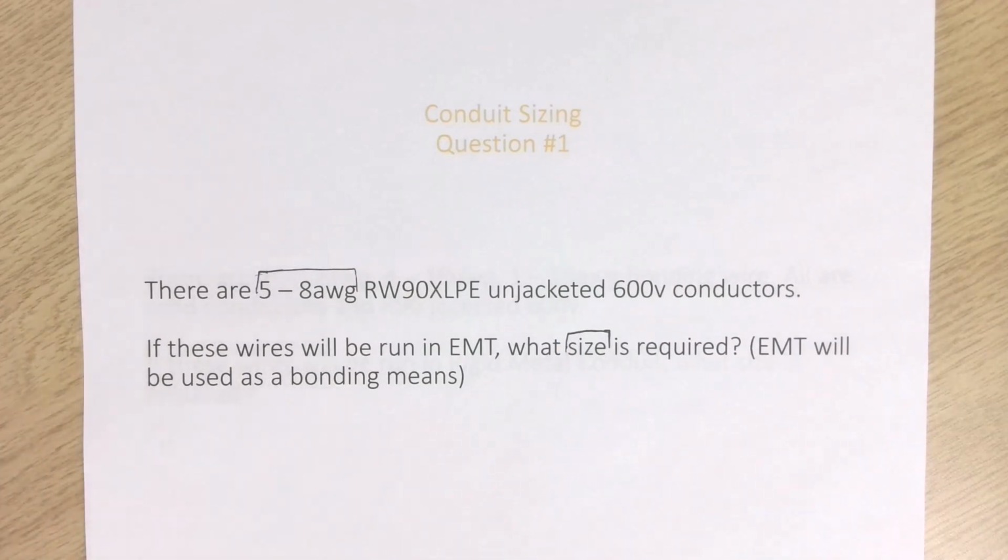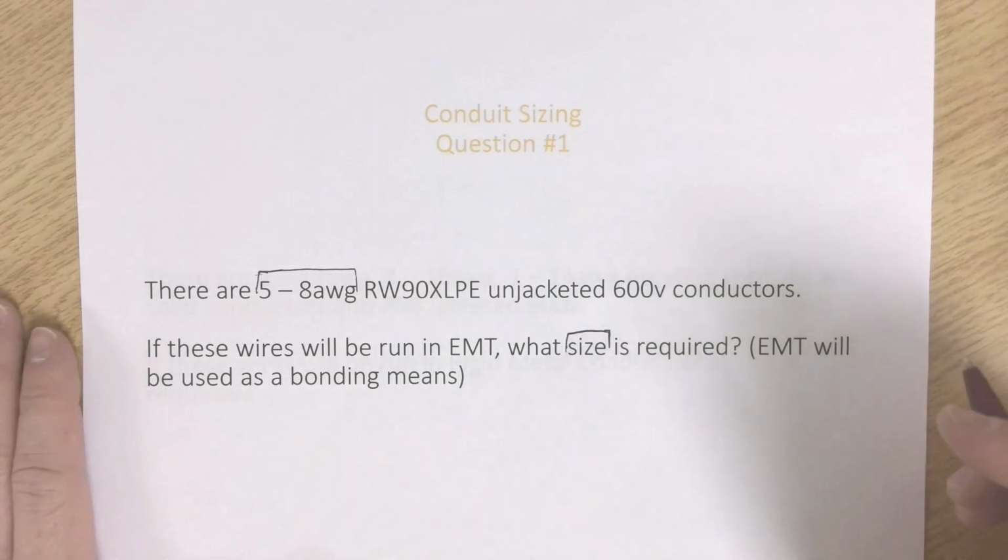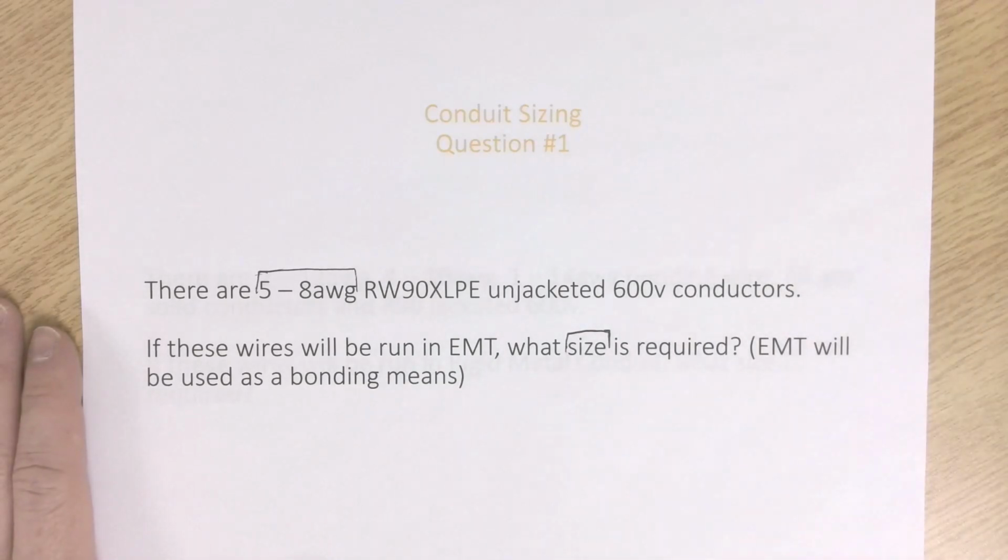That's fine, but codebook talks in metric. So trade size conduit is sort of a metric measurement, if you will. Page 37 takes the metric and converts it into imperial, if you're ever wondering what these trade size conduits translate to in terms of inches.